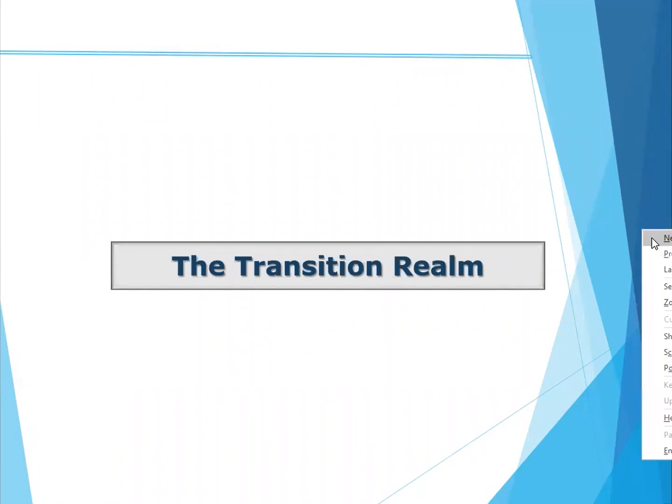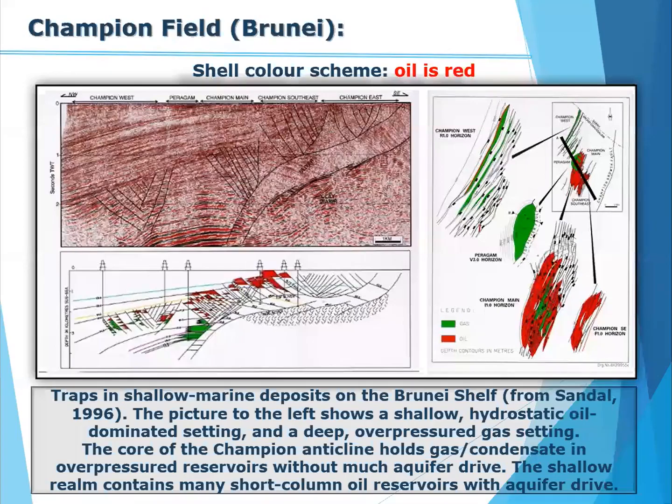So now we talk quickly, next slide, about what we call the transition realm. This is typical for areas of Brunei and Sabah, and there may be a few in Sarawak, but it's mainly a Sabah and Brunei story. We have accumulations of oil and gas in the outer shelf.